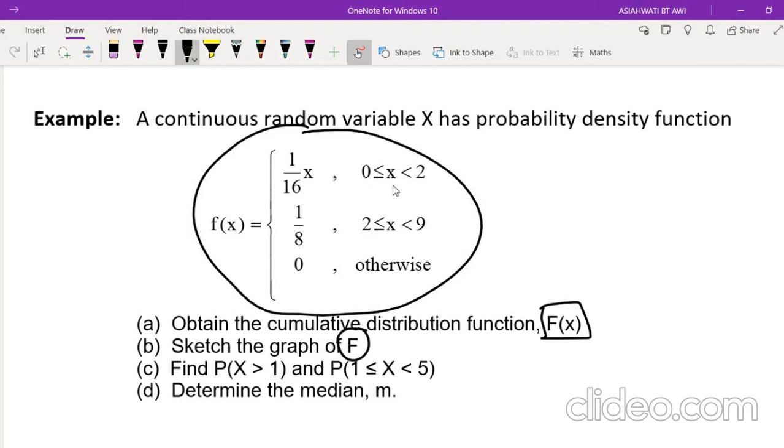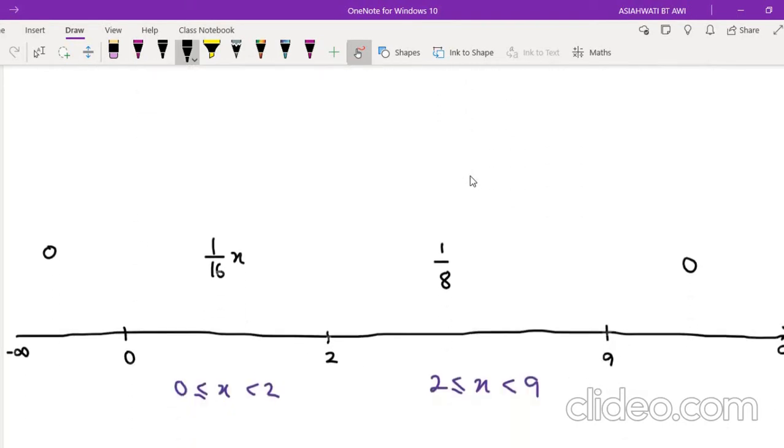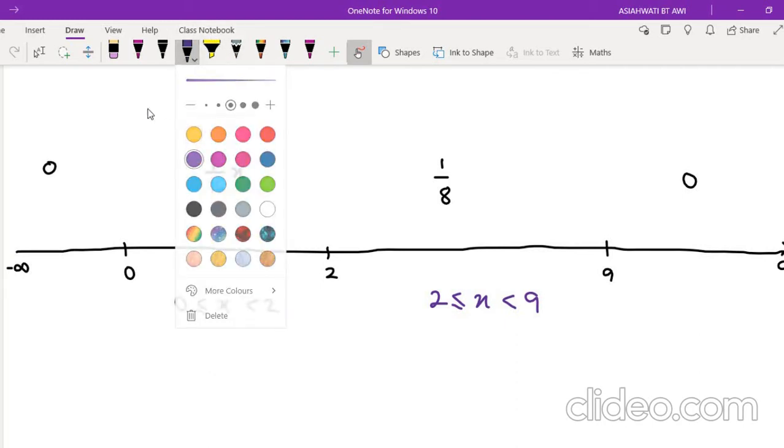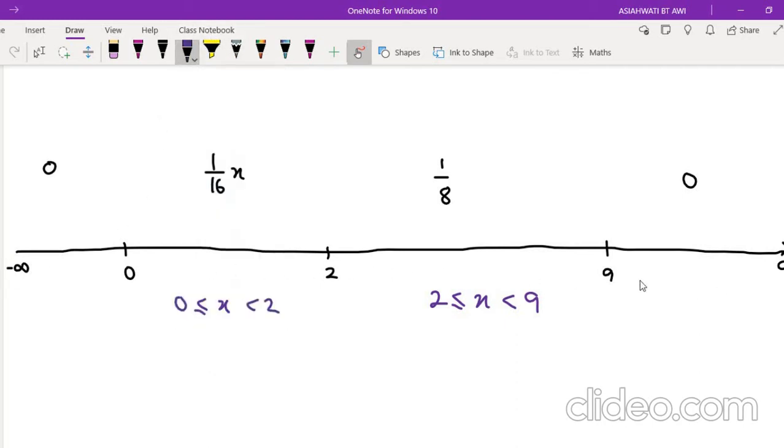So we have two regions, plus another two regions, 0, on the left hand side and on the right hand side. This is the number line from negative infinity to infinity. Okay, these are the regions.